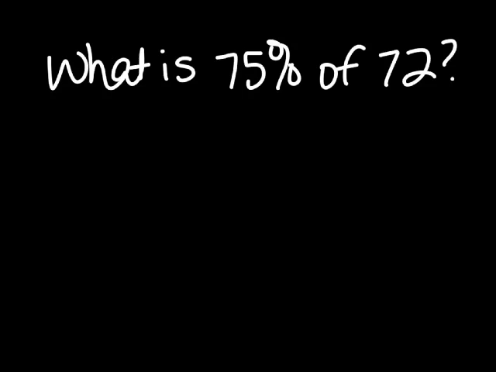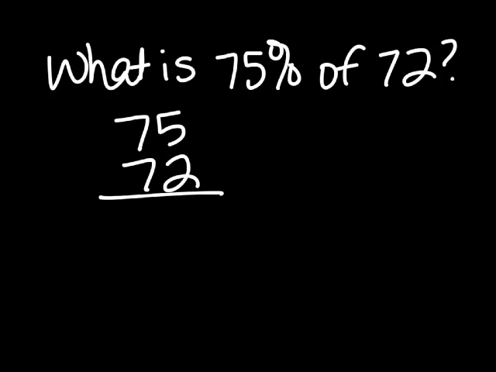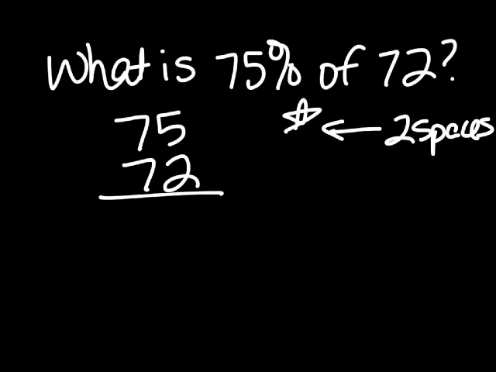It's the one I prefer. You don't have to do that. It's fine. 75% of, so I'm just going to multiply 75 times 72. And all you have to do is remember, move the decimal to the left 2 spaces when you're done multiplying, okay?